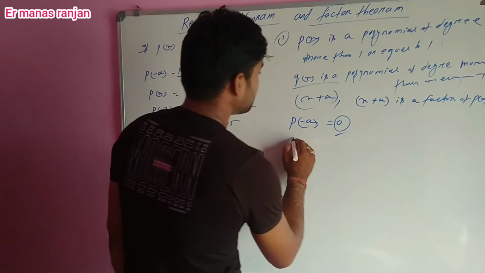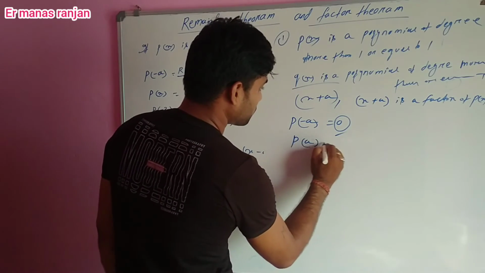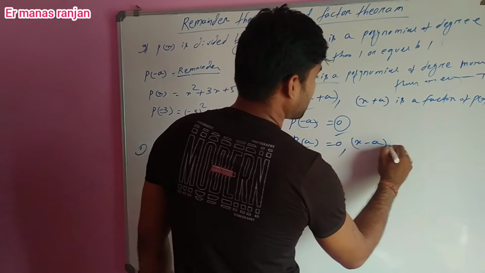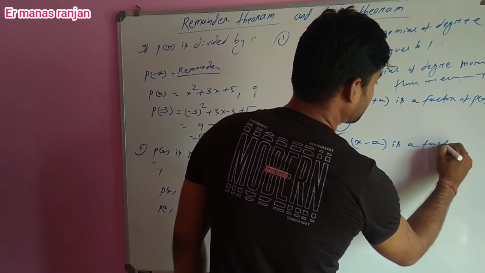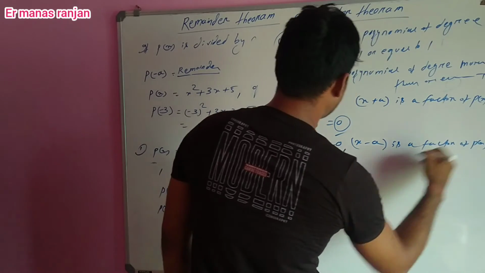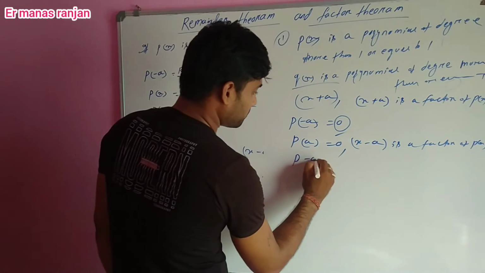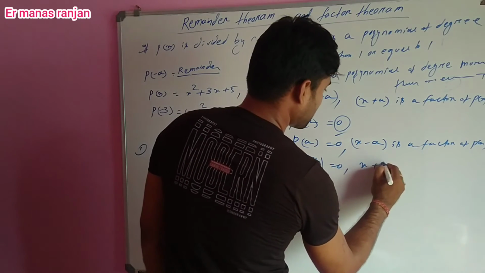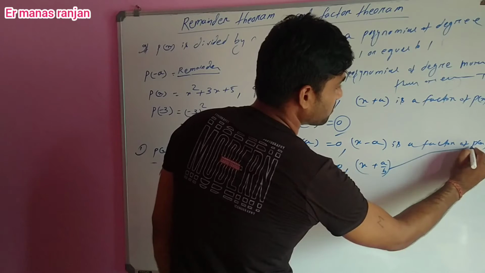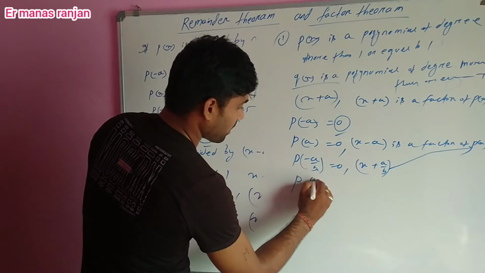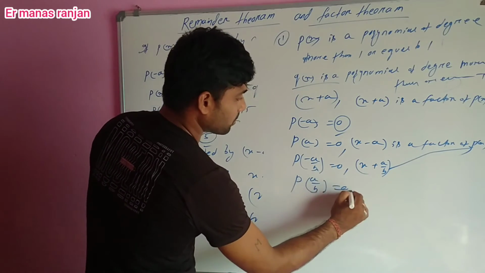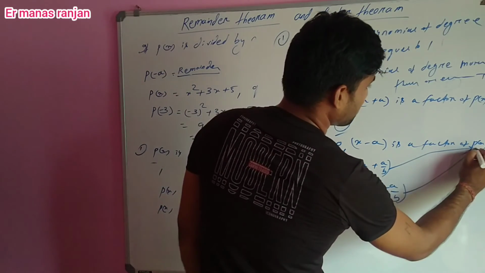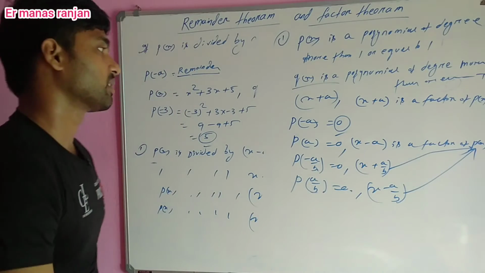Similarly, if P of a equals 0, then x minus a is a factor of P of x. If P of minus a by b equals 0, then x plus a by b is a factor of P of x. If P of a by b equals 0, then x minus a by b is a factor of P of x.